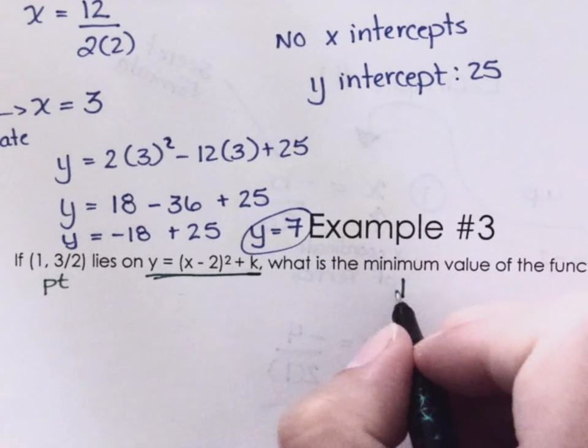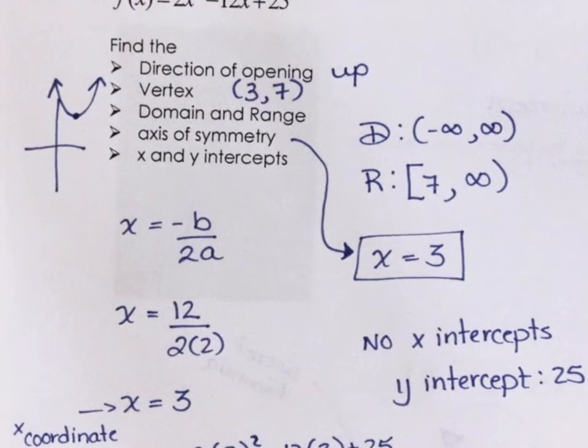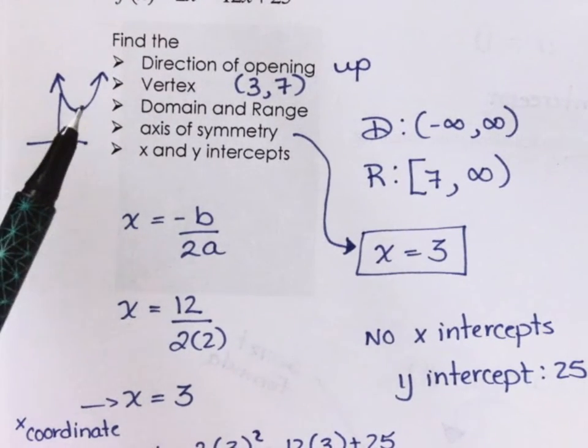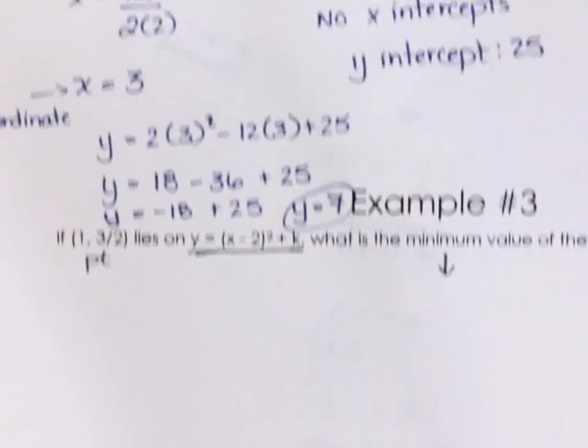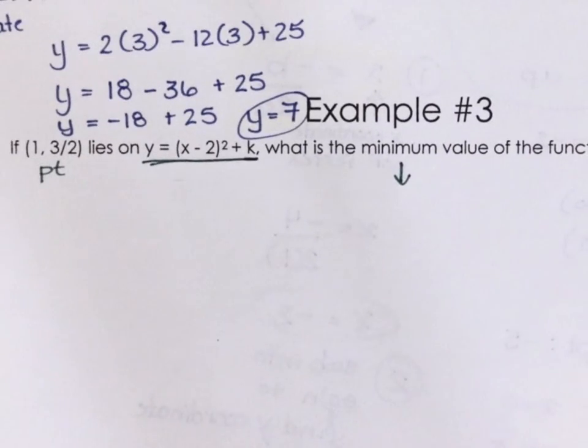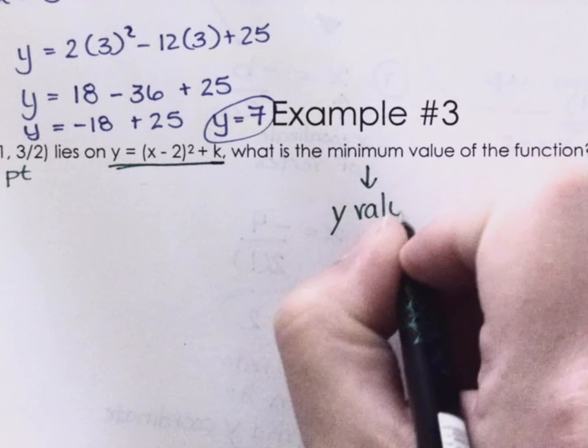What is the minimum value of the function? First of all, what does that mean? Minimum value. The lowest. And so what's that associated with? Might be negative, but in the example above, our lowest value, are we y's or are we x's when we talk minimums? Y's. Okay, so we're looking at the y value.